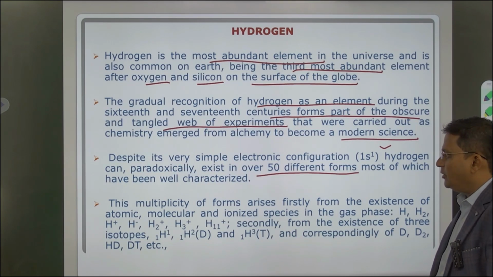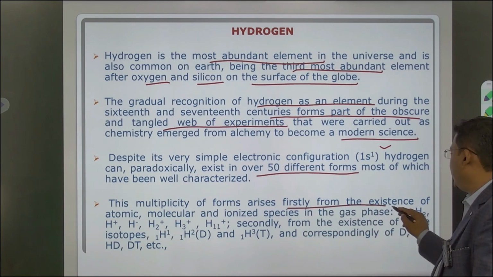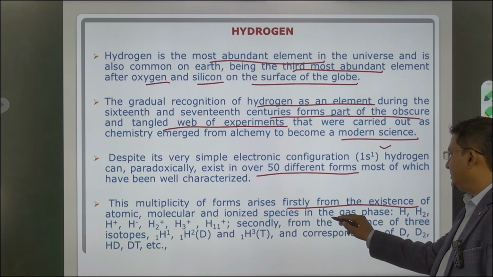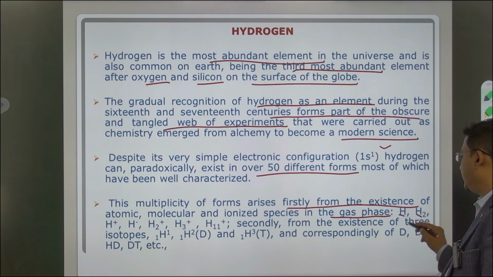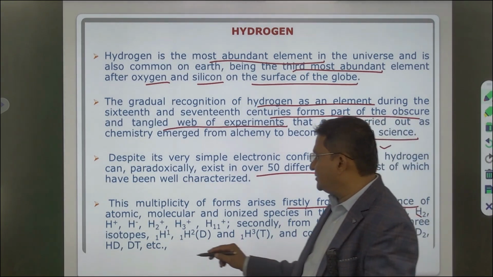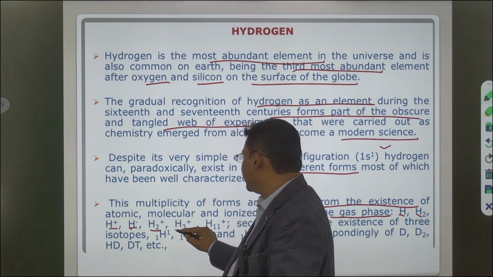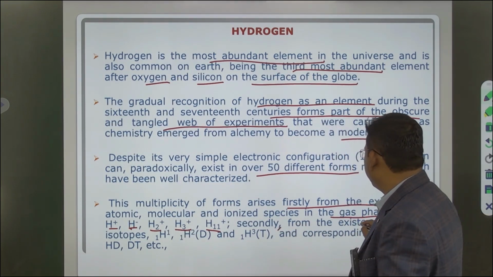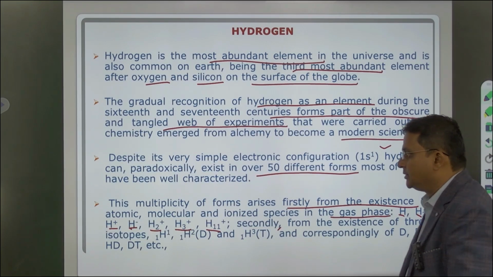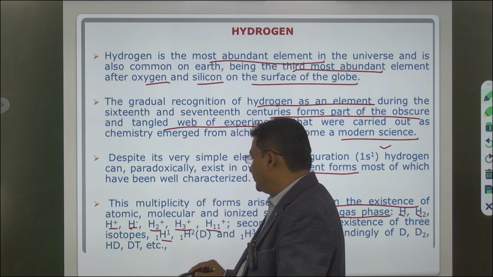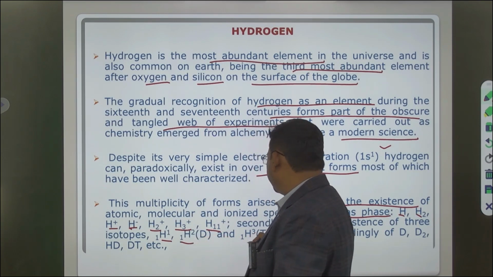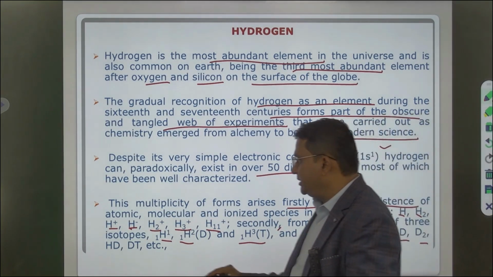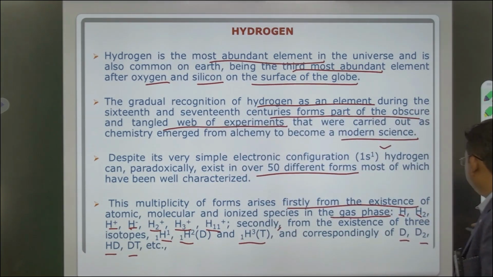This multiplicity of forms arises firstly from the existence of atomic, molecular and ionized species in the gas phase: H, H2, H+, H-, H2+, H3+, H11+; and secondly from the existence of three isotopes, 1H, 2H, 3H, with the corresponding D, D2, HD, DT: deuterium and tritium.